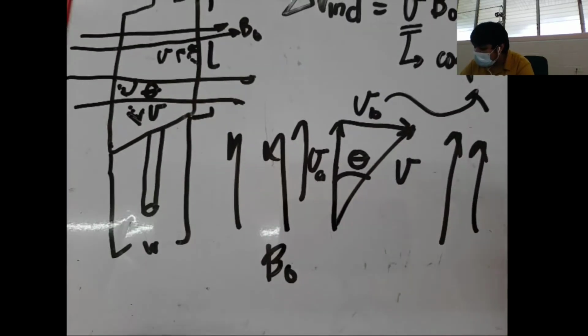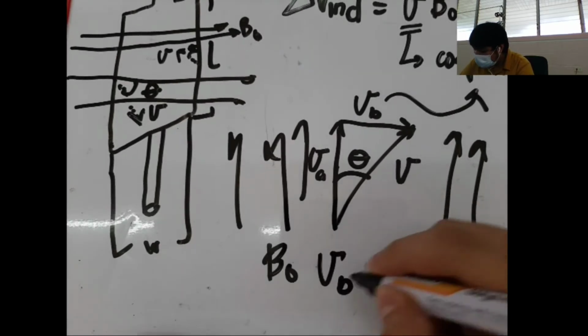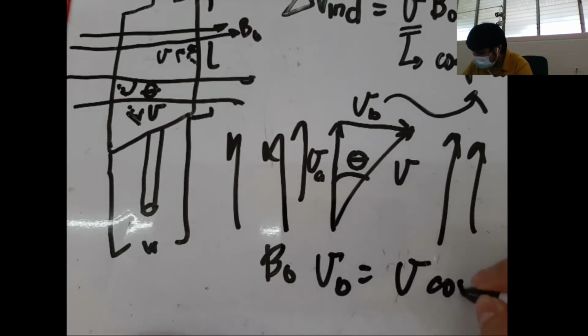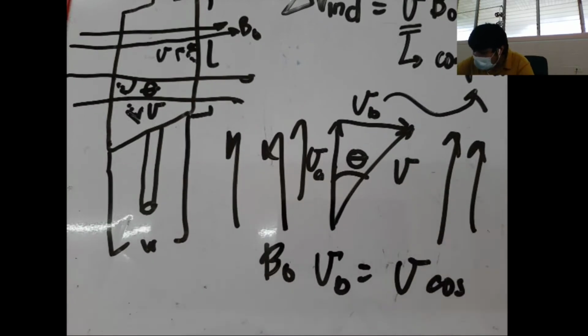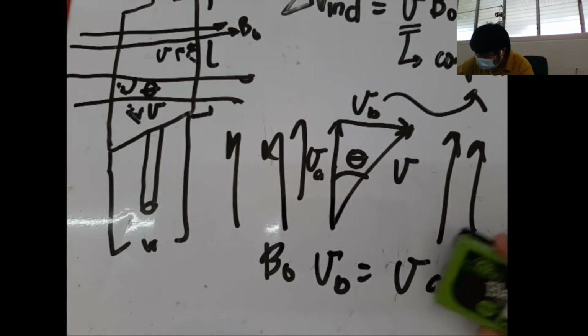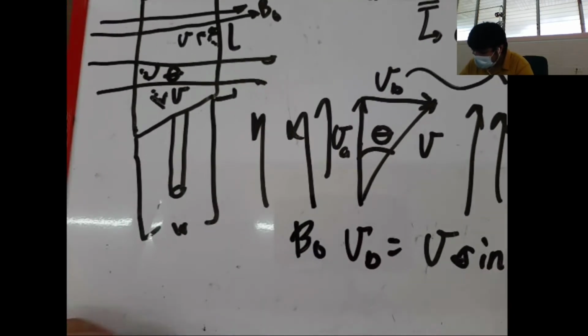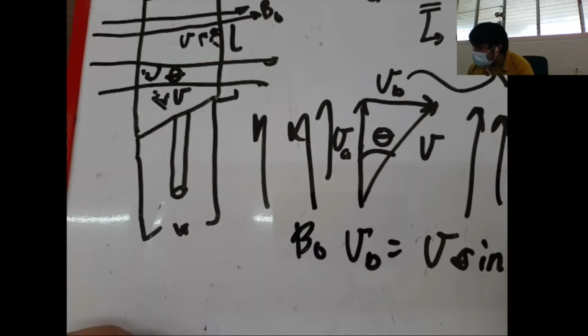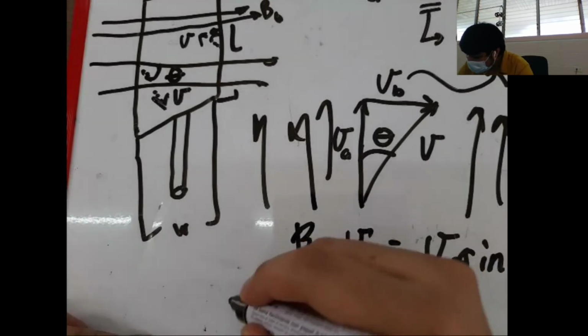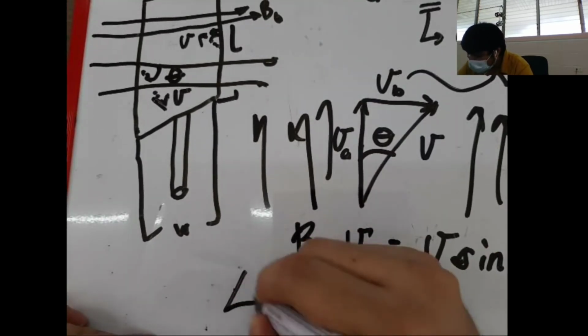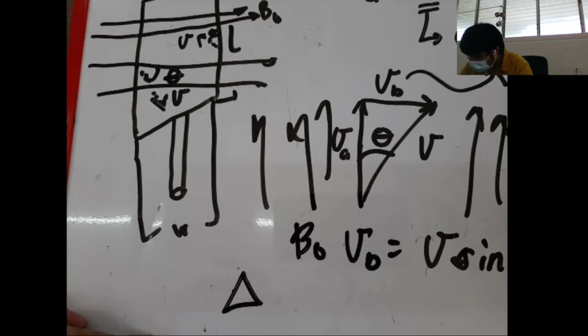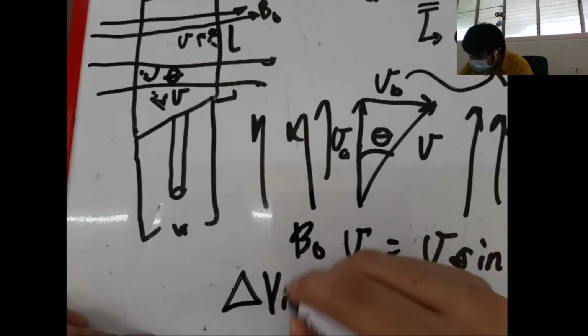So from our trigonometric functions, VB is equal to V sine theta. Right?